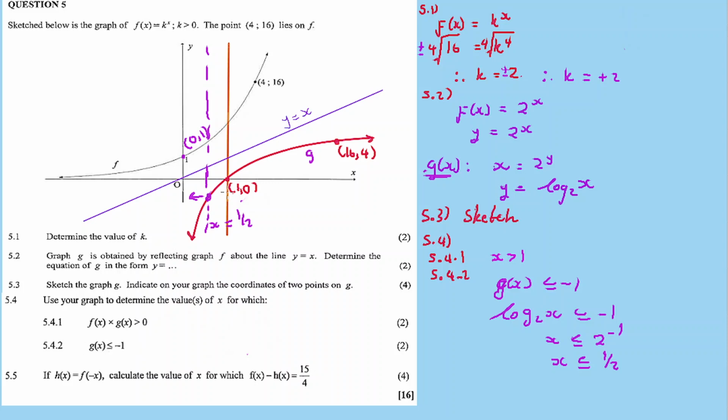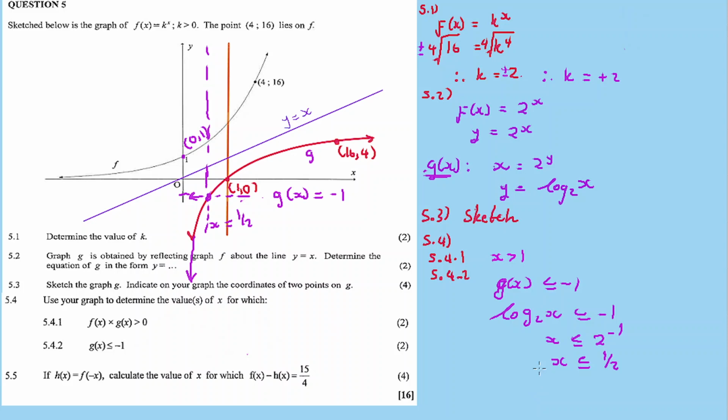G of x is equal to -1 when x is equal to 1/2. But check something: this y-axis is in fact the asymptote of function g. So therefore I cannot say x must be less than or equal to 1/2 only.